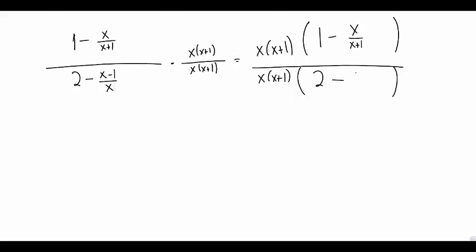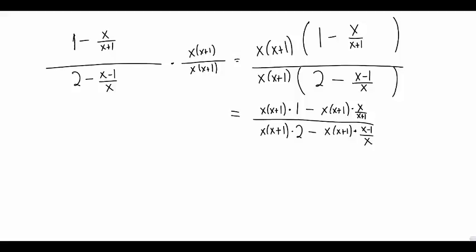Remember, you need to use parentheses. You really do. And now we are going to distribute. X times x plus 1 multiplied with the first term, minus x times x plus 1 multiplied with the second term. It's similar on the bottom.